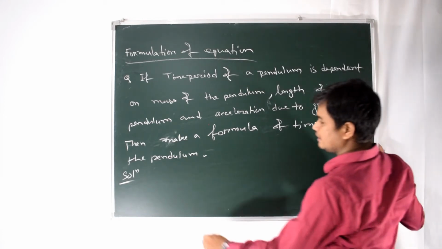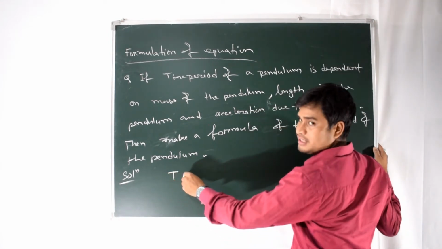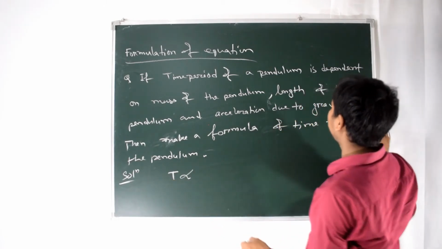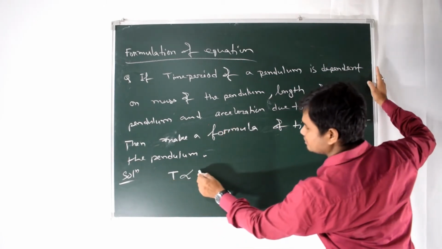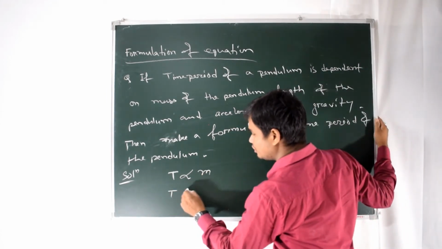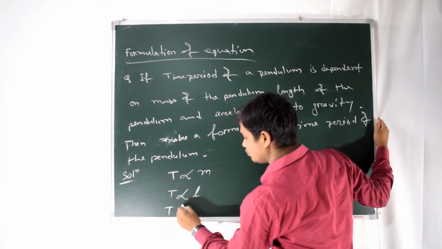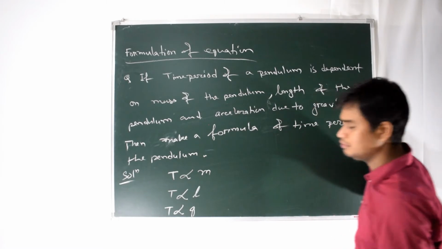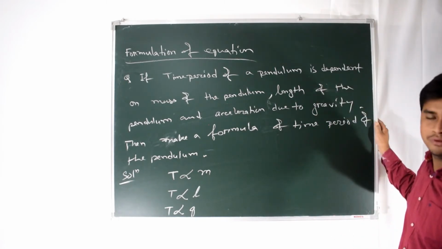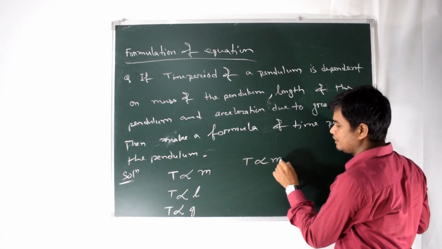The question is that time period T, as you know from class 9, is dependent on the mass m, on the length of the pendulum l, and on the acceleration due to gravity g.